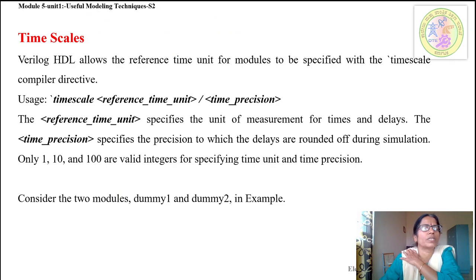Okay, next we'll come to the topic time scale. In all your models, when you write a program, it is going to give this tick time scale, like 100 by 10 or 1 by 100. The numerator is the reference time unit, and the denominator is the time precision.